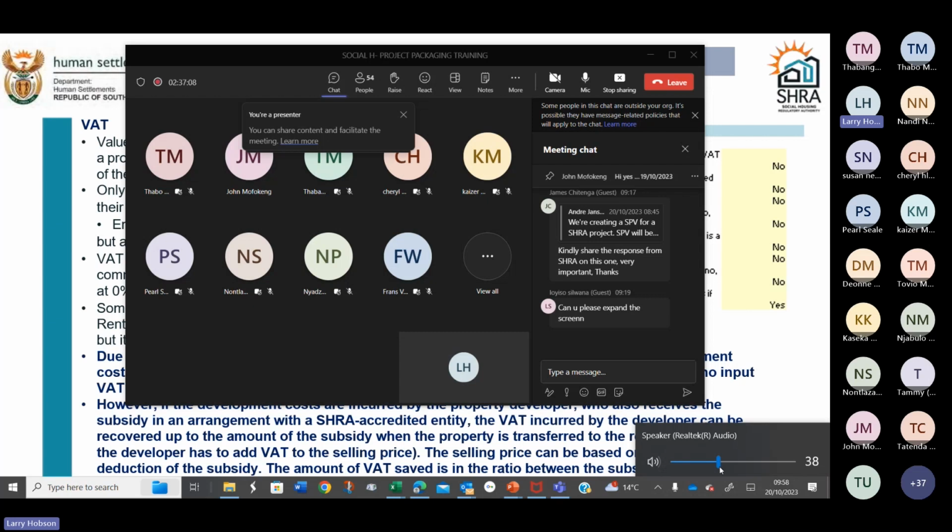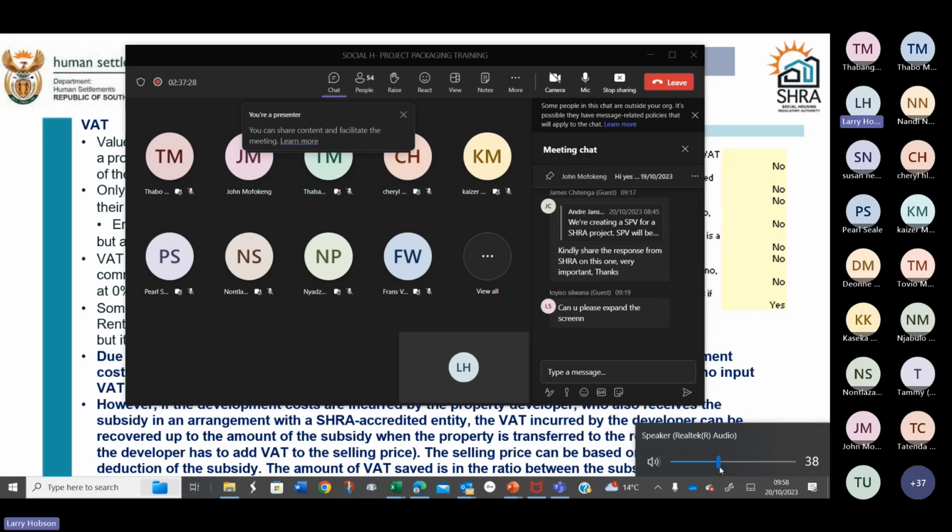You'd need to have a separate company. You need to create a group structure where you have a development company that is developing land for sale. Property for sale is a VATable supply.